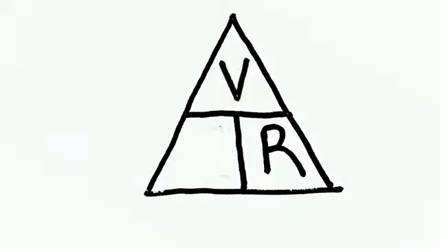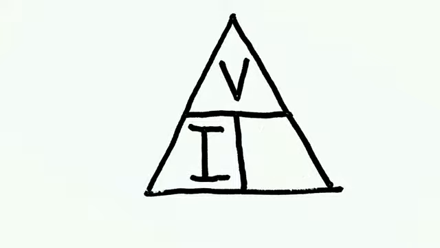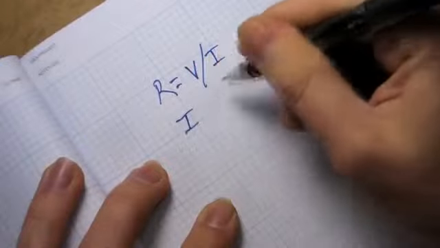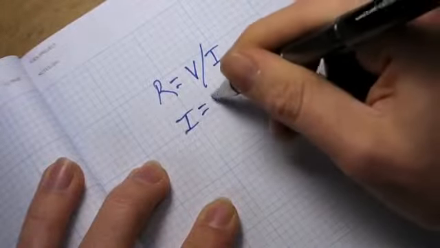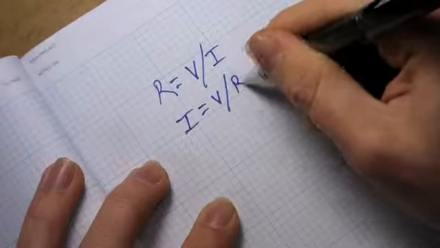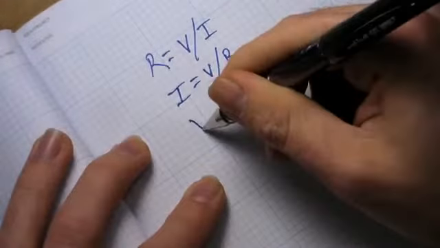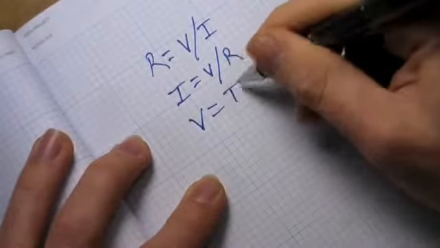To find current, we divide voltage by resistance. And likewise, to find resistance, we divide voltage by current. As long as we know 2 of the 3 values, we can rearrange this equation to find the third value, thanks to algebra.